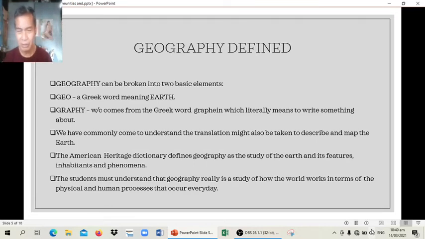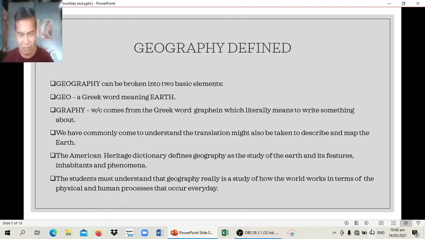Pwede na rin nating gawan ng mapa ang daigdig, at actually nagawa na yon noong panahon ni Amerigo Vespucci, ang kauna-unahang tao na nakagawa ng mapa ng Amerika. That's why Amerigo Vespucci was the very person na kung saan nakuha ang pangalan ng Amerika.